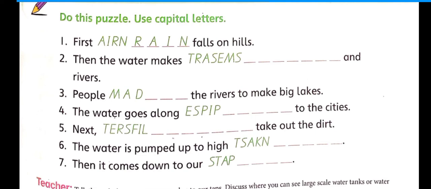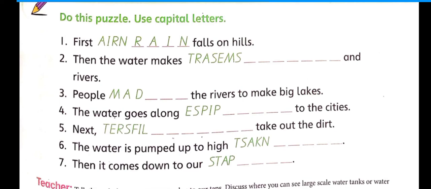Here you can see the letters in jumbled form, and now you will make the word streams with the rivers, because we all know that after the rainfall, rivers and streams are made. So the spellings are in jumbled form here, and you will write down the correct spelling of streams.